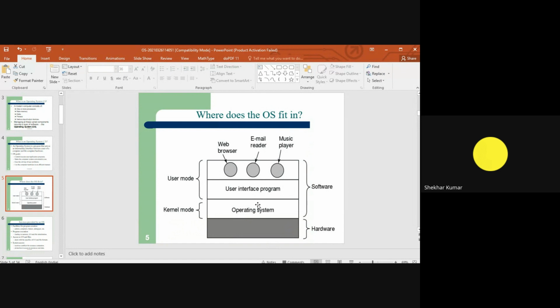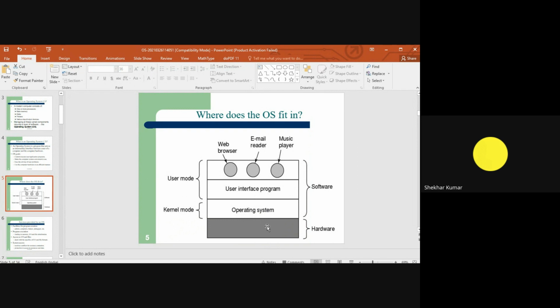Then this operating system is required to connect with the hardware. This is the place where operating system exists. The operating system is the interface between the user and the hardware. This is your computer system.